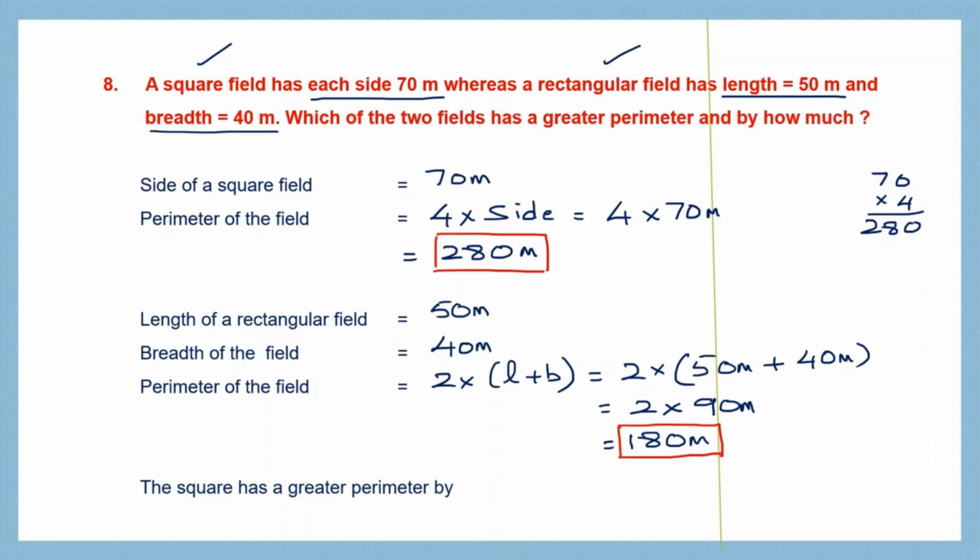Now by how much? They're asking us by how much? We have to subtract this. Okay, 280 minus 180. So that is 0, 0, 2 minus 1 is 1. So the square has a greater perimeter by 100 meters. So it's 100 meters more than the rectangular field.